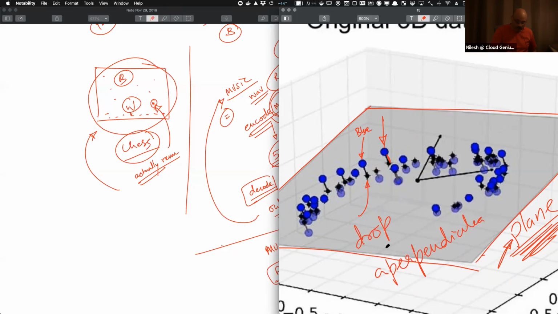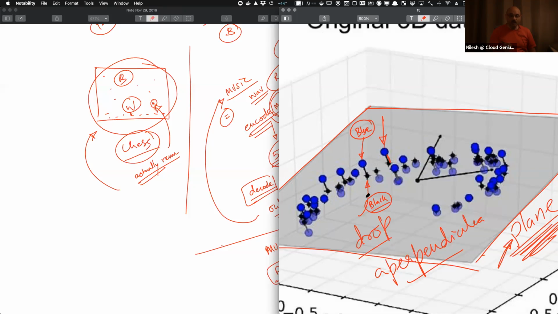The dropped perpendicular points are black in color. And they are close approximations of the blue points because they are almost on the plane, which is minimizing the error that happens between blue and black.